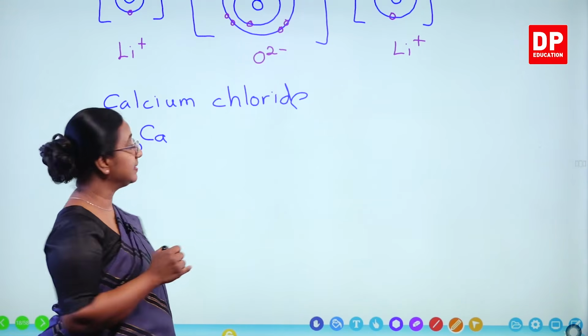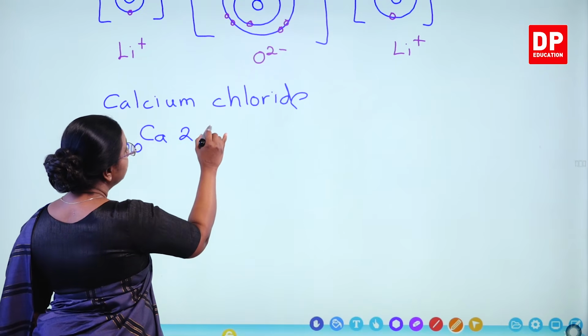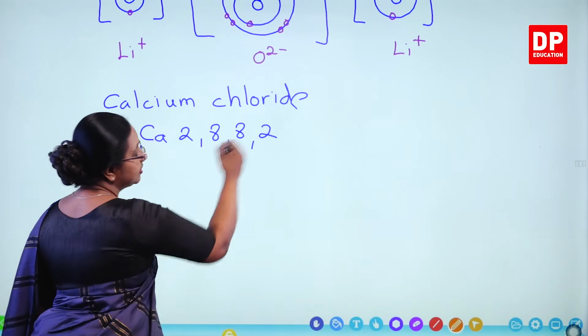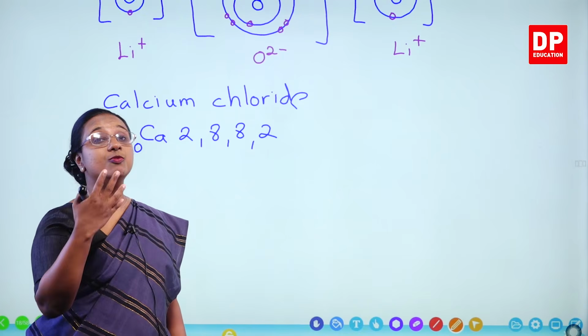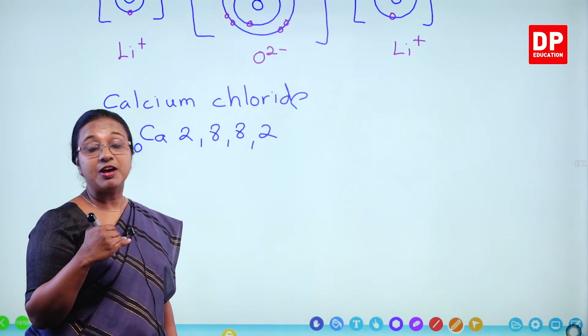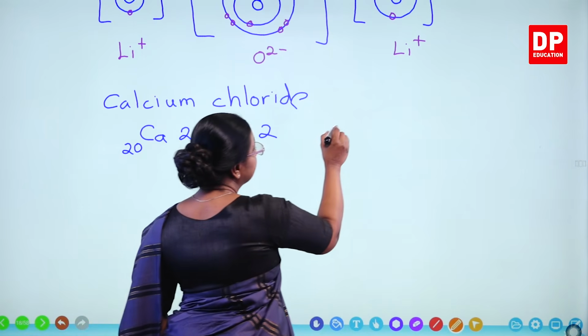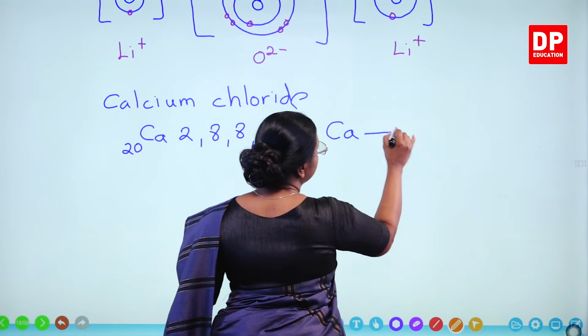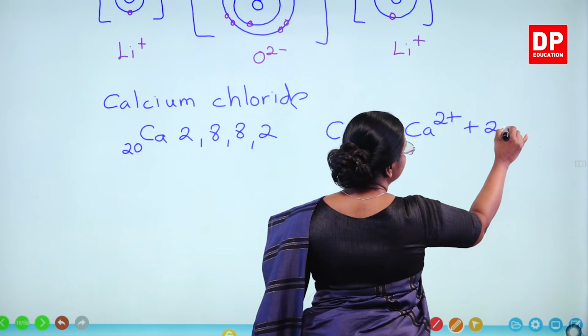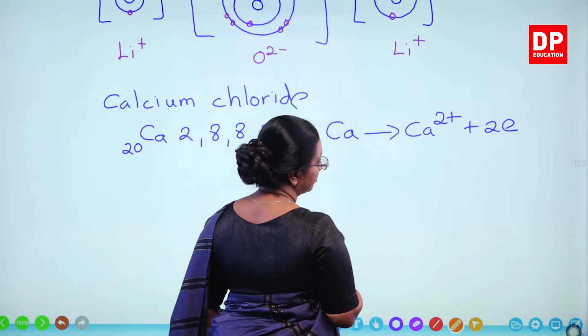Atomic number of calcium 20, 2, 8, 8 and 2. So the valency of calcium is 2. It will lose 2 electrons. It's a less electronegative metal. So here calcium atom becomes Ca2 plus ion by losing 2 electrons.